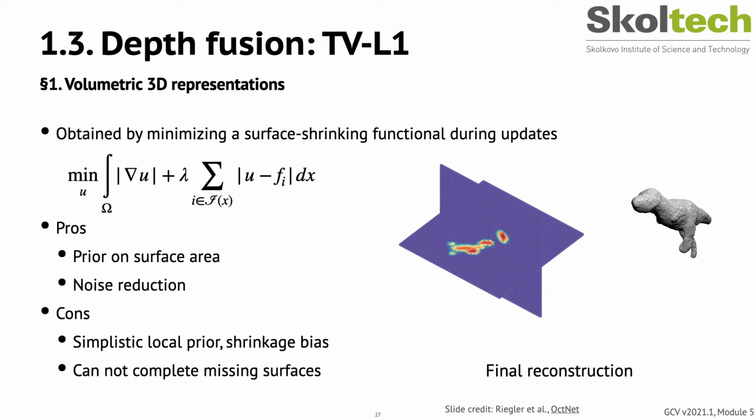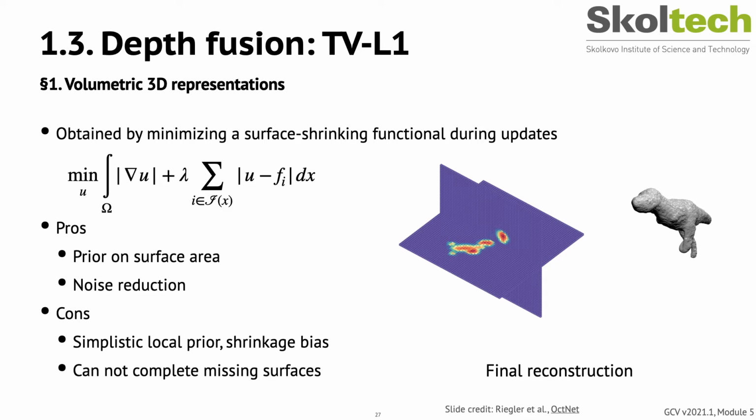However, what you are also trying to achieve is the minimal surface of the shape that you're obtaining by minimizing a surface shrinking functional that takes into account the area of the surface and the proximity of the surface to the sensed depth maps.